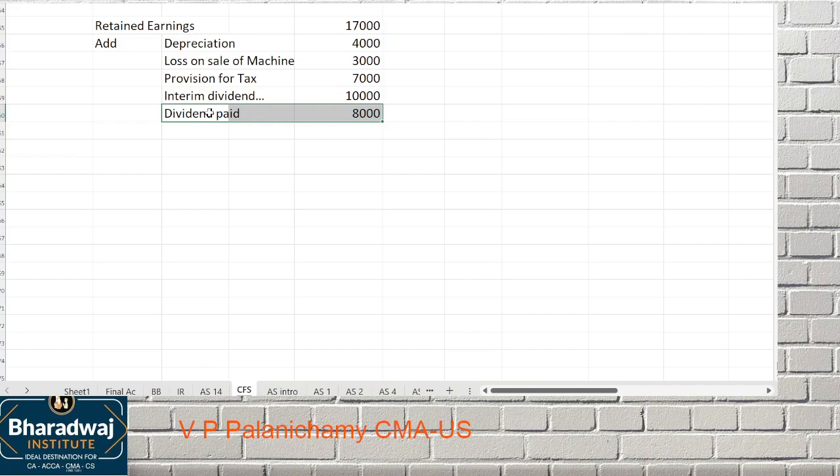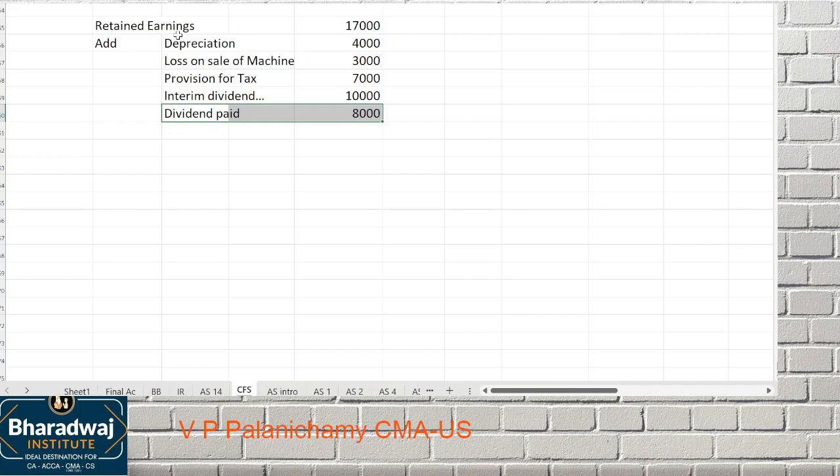Why are you overthinking? Has proposed dividend opening and closing balance been given here? No, it means the dividend was declared, appropriated and paid in the current year. Only when they give you proposed dividend opening and closing balance, opening balance will be taken as paid and closing balance will be taken as appropriation. Here they directly gave dividend paid. There is no opening or closing balance given or mentioned.